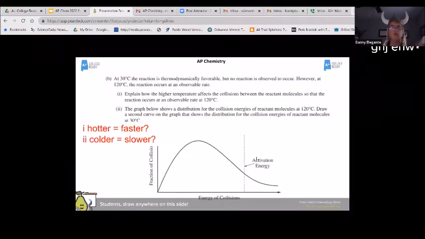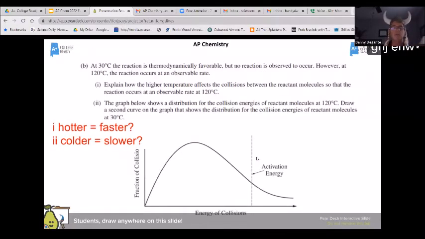So let's review what we know. We know that in subpart I, hotter means faster, right? So hotter molecules move faster. So how does that affect collisions? Well, we know that hotter means faster, means more collisions, and not only more collisions, not only are they going to run into each other more, they're also going to run into each other with more energy.